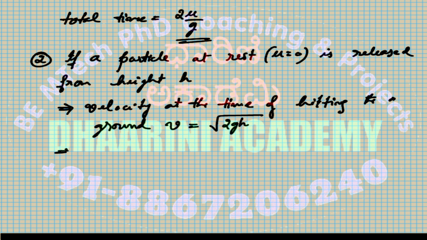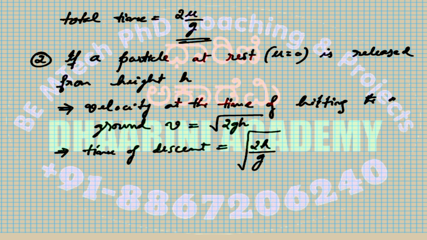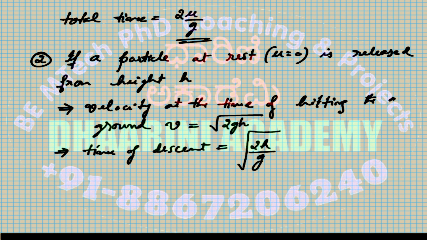And we have only the time of descent now, which is equal to root of 2h by g. There is one point to remember: the air resistance has been neglected here. Normally we don't consider that, so these equations hold pretty well almost every time where we neglect the air resistance.